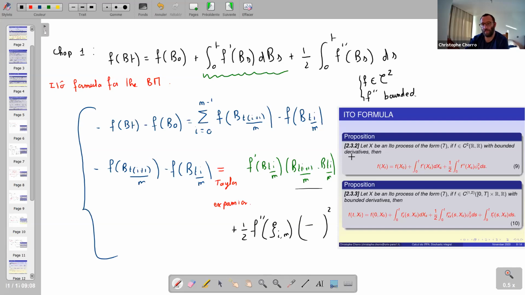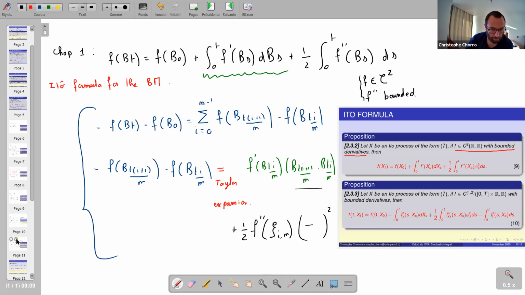If I have an Ito process, and if I have a mapping of class C2 with bounded derivatives, then I have this formula, the analogue of what I proved for the Brownian motion in chapter 1.